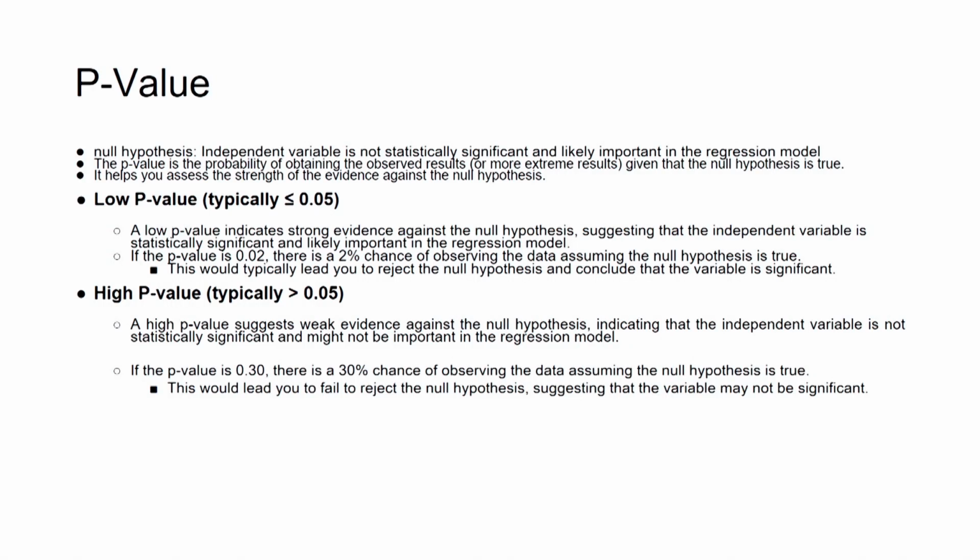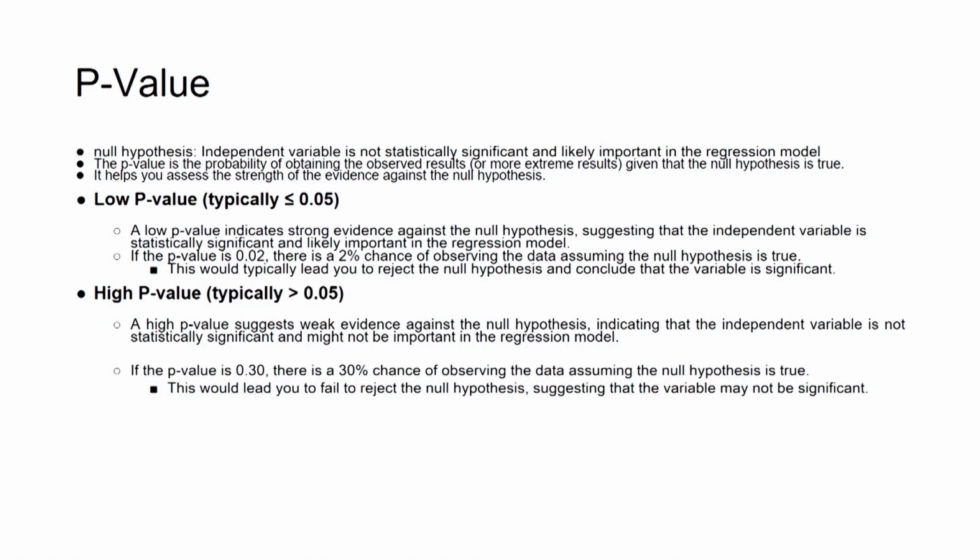It means the independent variable is not statistically significant, and it is not important to include in your model. You should leave out that independent variable for which the p value is high.